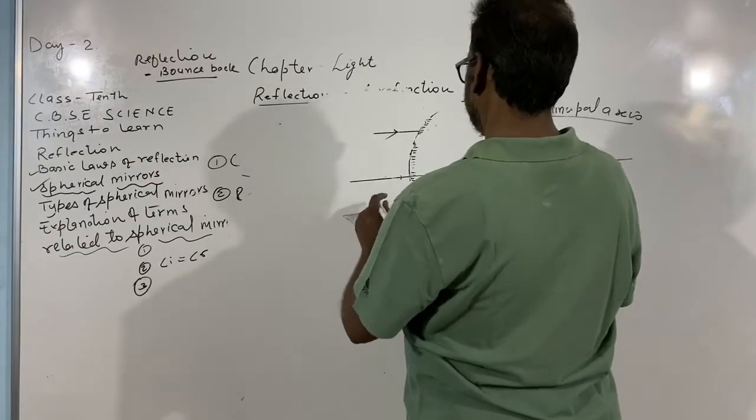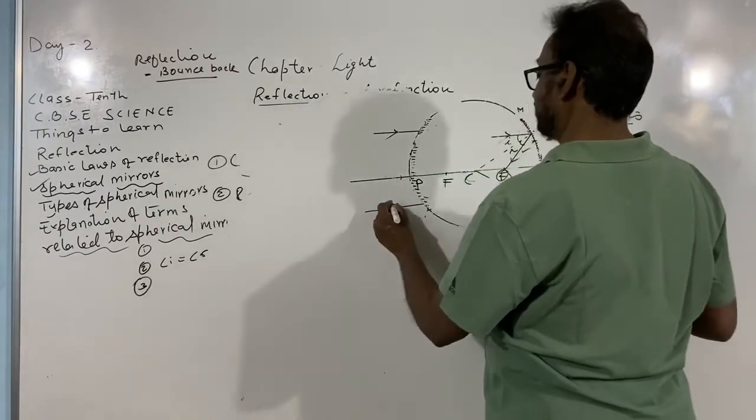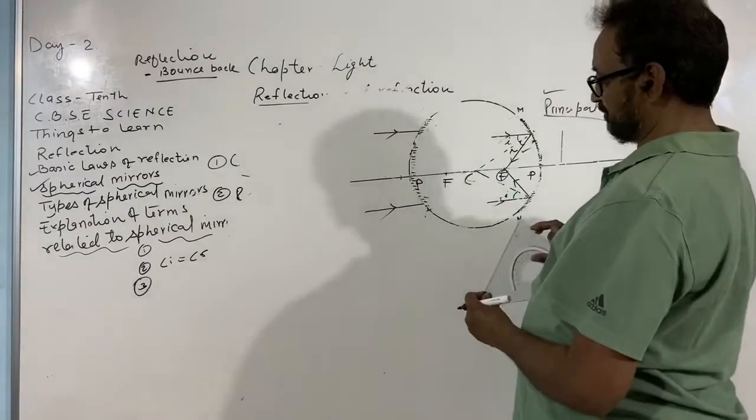Consider these two rays of light which are parallel to the principal axis.